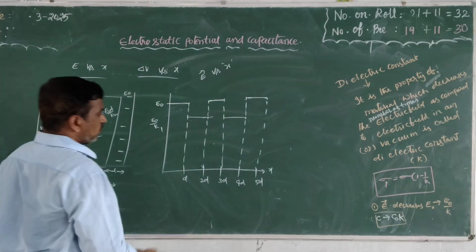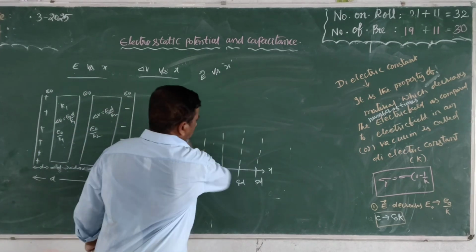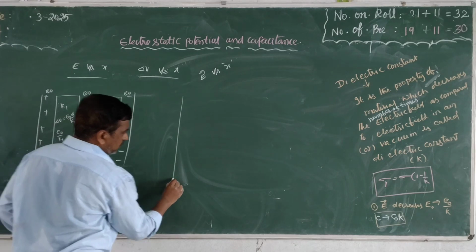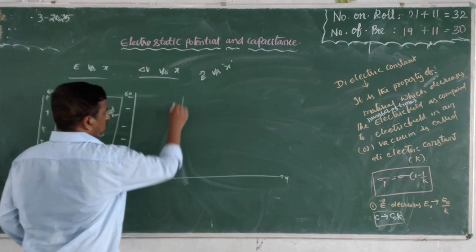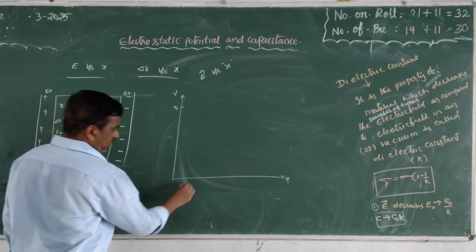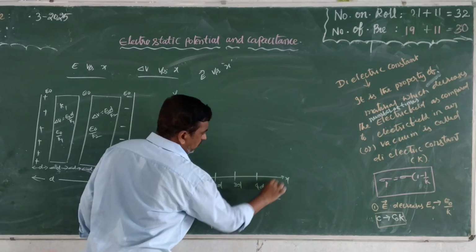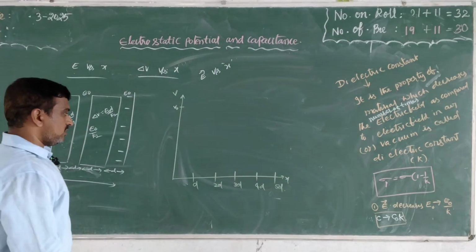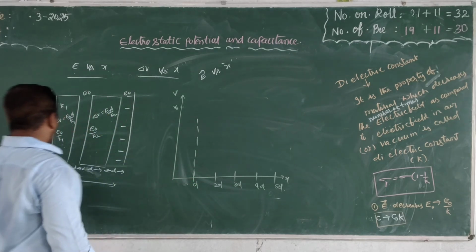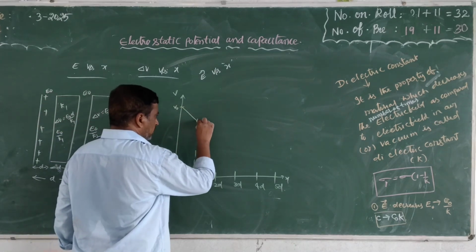Now we can draw the potential for this. I draw it here: V versus x. Take V naught as maximum, and D, 2D, 3D, 4D, 5D. The first region is air medium, empty space, so the potential change is maximum.